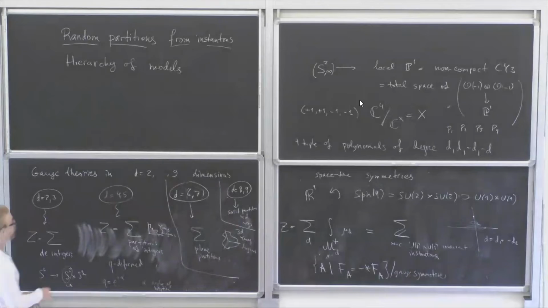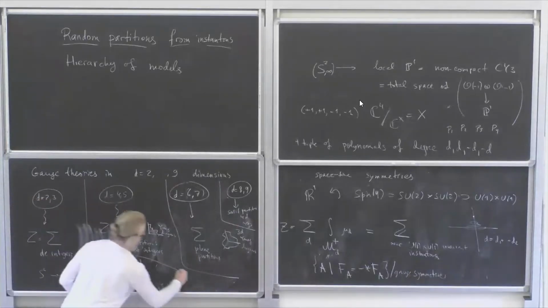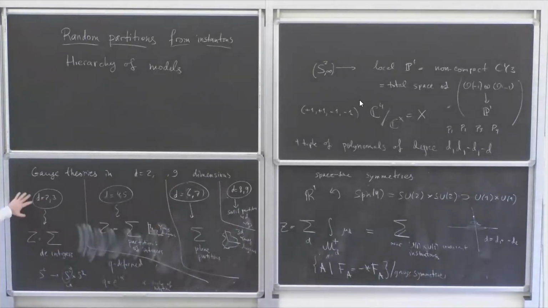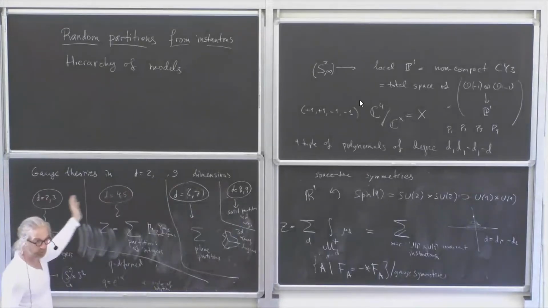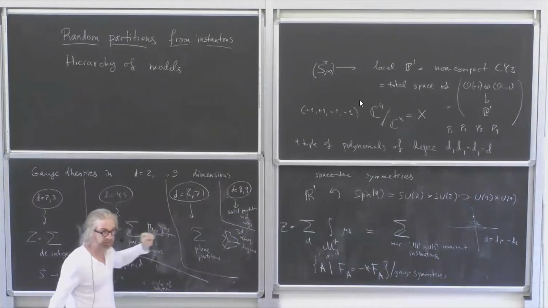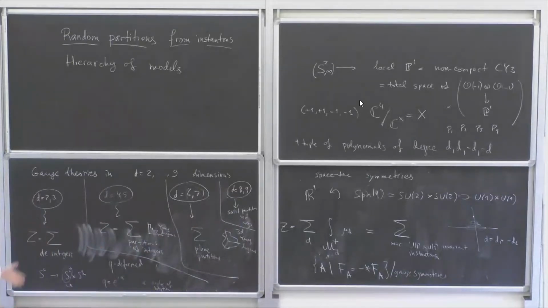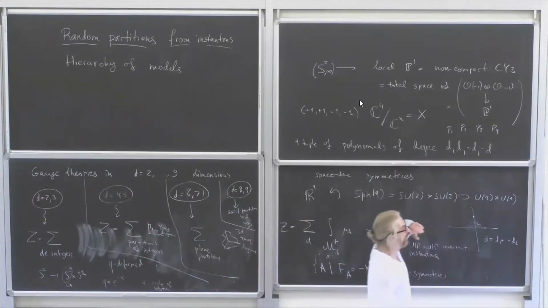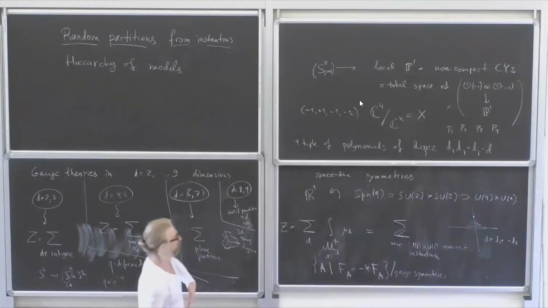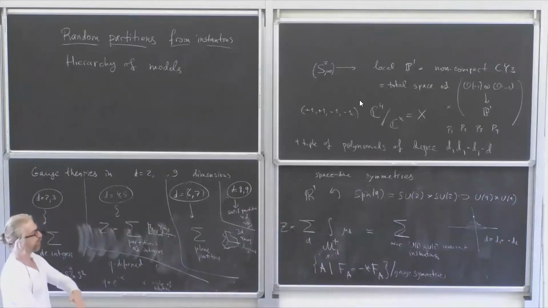Now, the choices of models which you can start with get narrower and narrower as you go higher in dimensions. So in 2-3 dimensions, you have an enormous amount, all Calabi-Yau three-folds, not necessarily three-folds. I mean, you have the whole symplectic and complex geometry at your disposal.